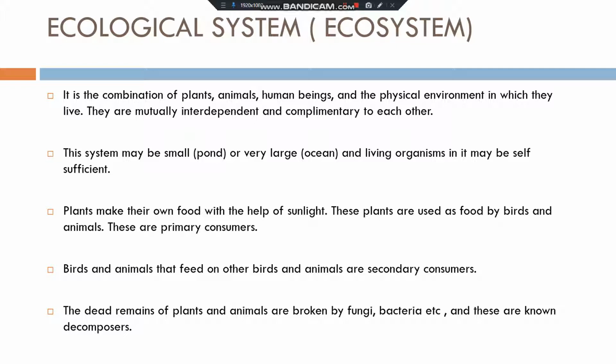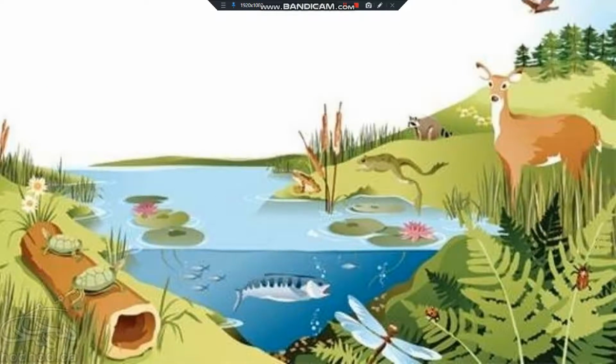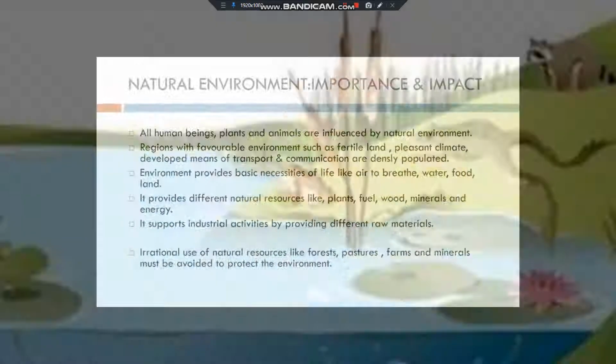And when dead plants and animals are broken down by fungi and bacteria, they are known as decomposers. Means they help to decompose the dead remains of plants and animals. So here you can see the ecosystem with some plants, animals, fishes, water source. They are all interdependent with each other.